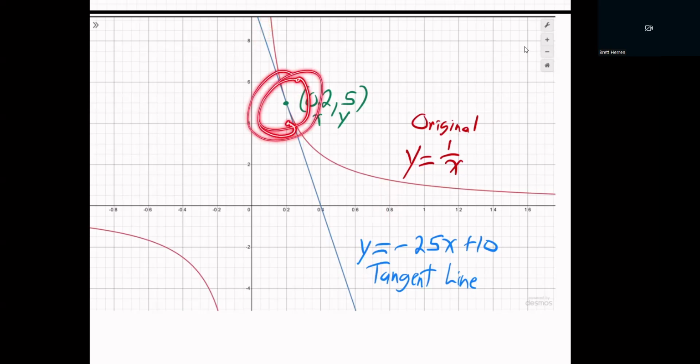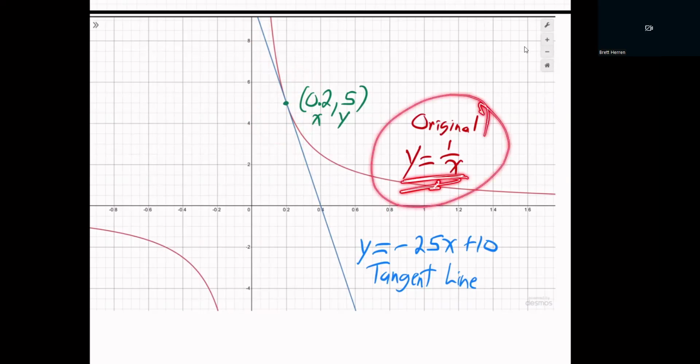And that's why in higher math and science, physics, chemistry, engineering, they use tangent lines to approximate original curves. Why don't they just use the original curve? Because original curves can be very difficult functions. Even for computers, it's hard to compute really difficult functions. So they like to use tangent lines because it's just a line equation.